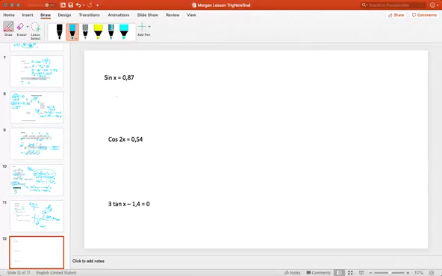All right, now if we look at the last one that we've got: 3 tan x minus 1.4 equals 0. So that means 3 times tan x minus 1.4 is 0. We need to get tan x by itself.